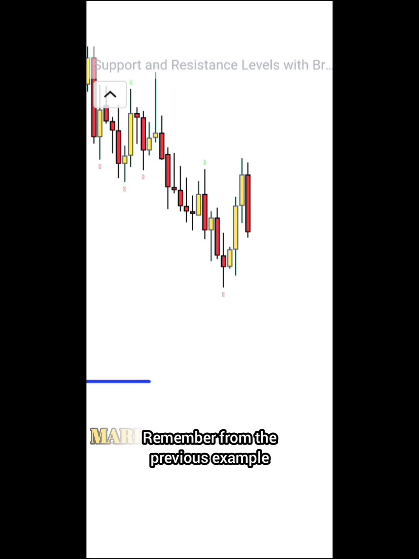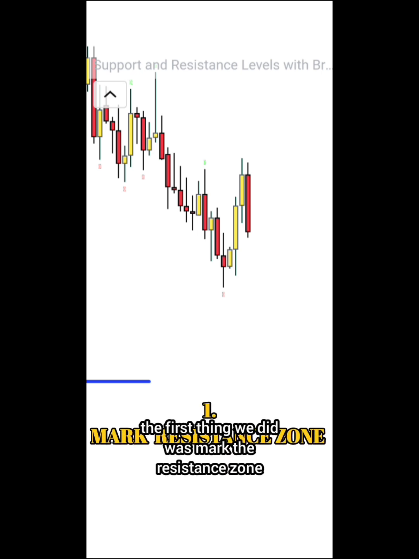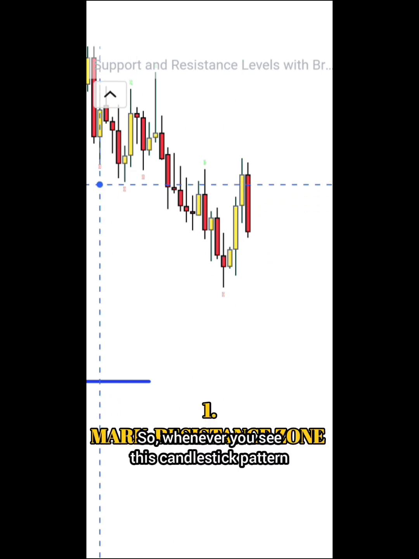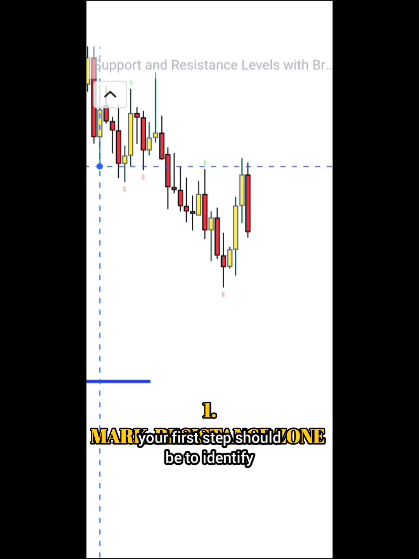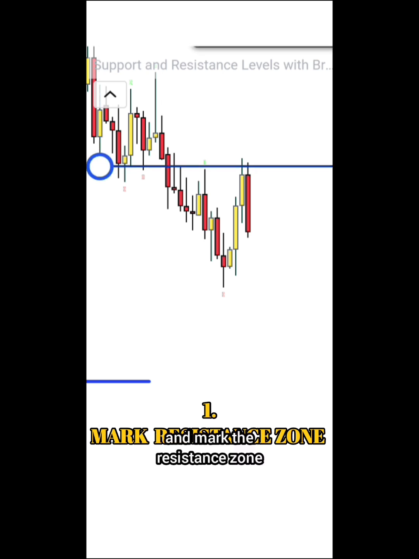Remember from the previous example, the first thing we did was mark the resistance zone. So, whenever you see this candlestick pattern, your first step should be to identify and mark the resistance zone. I hope you still remember why we are trading this candlestick pattern. Our goal is to identify a strong zone, trade the reversal, and profit from it.